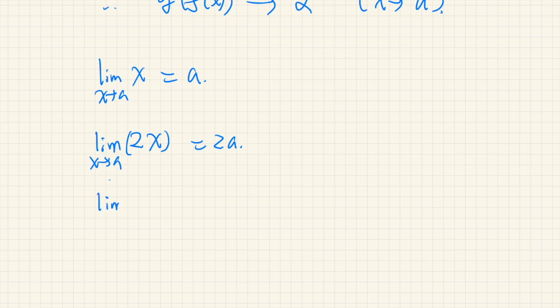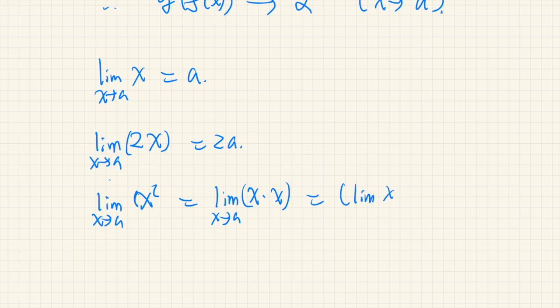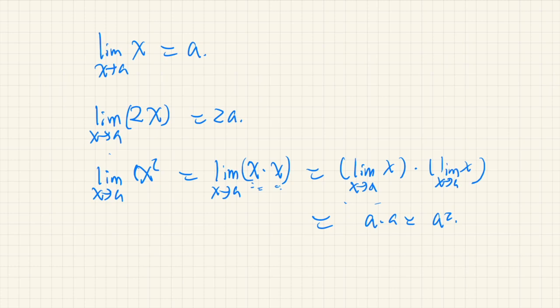And the limit of x squared as x goes to a: x squared is x times x, so that means the limit of x times the limit of x, because the limit of the product is the product of the limits. So this is a times a, which is a squared.